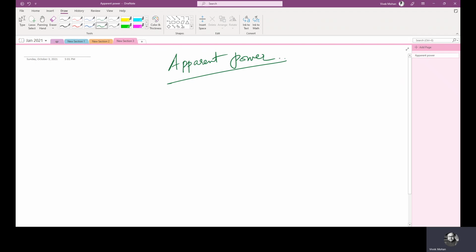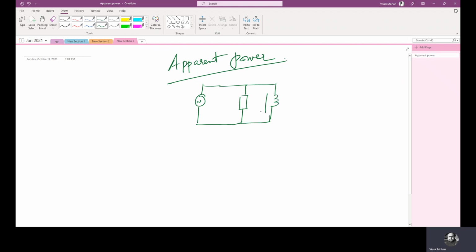Apparent power. So in that case, say I'm considering a circuit like this. Again, the source G, I'm having a resistor, and this is a reactor.